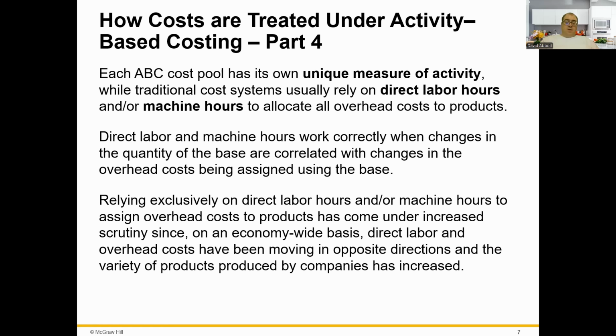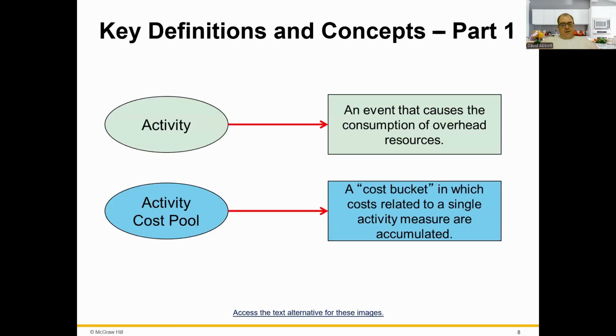Direct labor and overhead costs have been moving in opposite directions, and the variety of products produced by companies has increased, again, just because things now are not as laborious, because we're using more and more automation. And so it's important to find the actual activity base that is going to accurately reflect what it is that you're doing. And that's what we're going to look at next here.